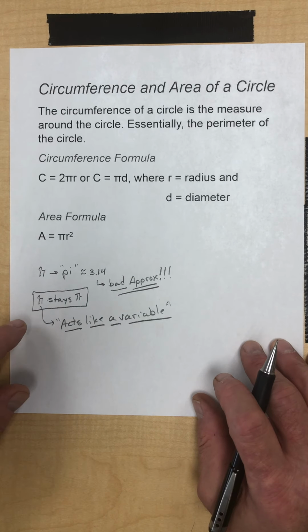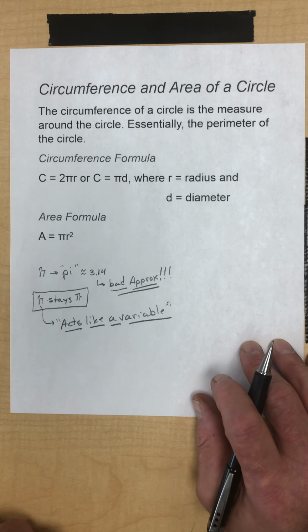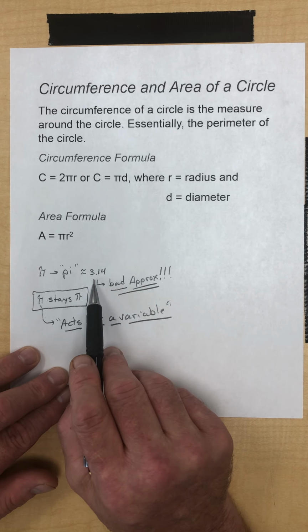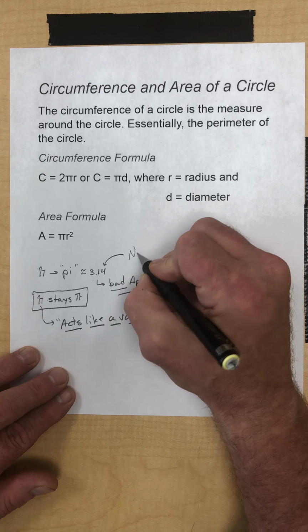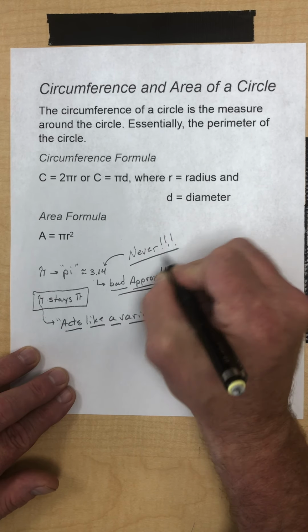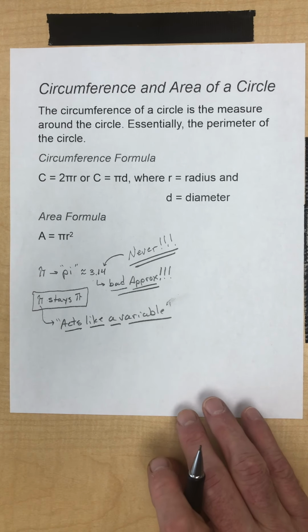But the cool thing about it is if you just leave pi as pi, your answer is exact. You don't have to round anything off. So we will never, ever do this, this right here, never in any class that I teach. Never, because 3.14 is a bad approximation.